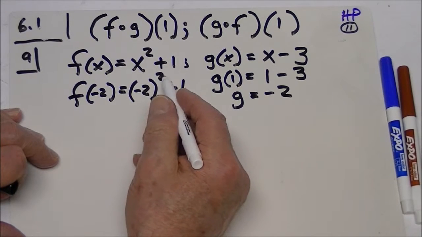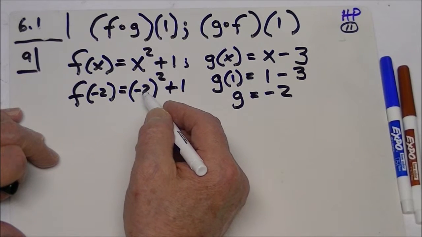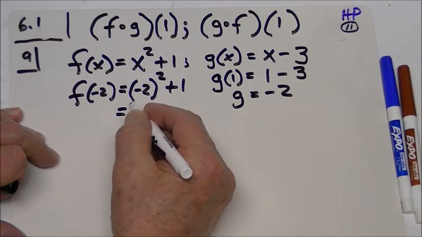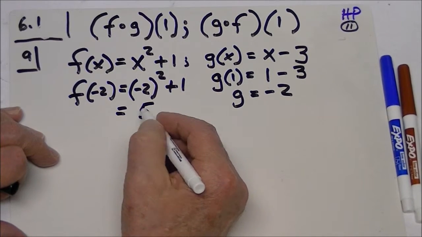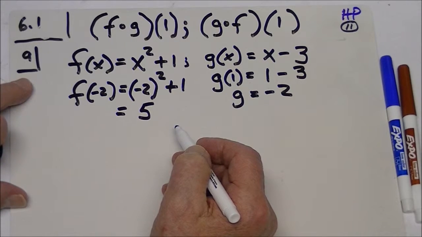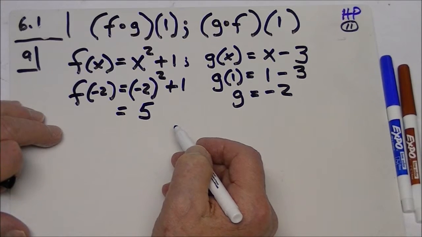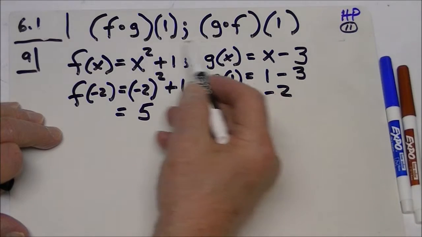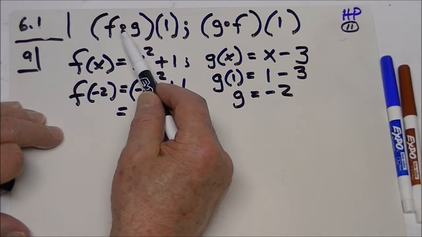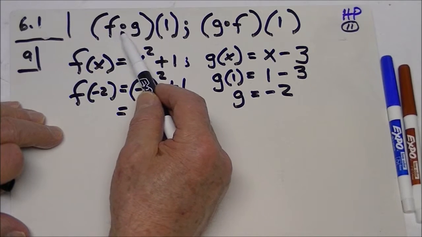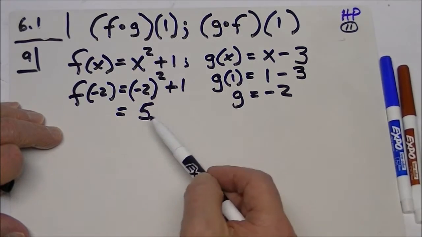Now, negative 2 squared is a positive 4. 4 plus 1 is 5. So the answer to 9a, actually, which is this example, where it's the function of f composed with g, where it's 1, is 5.